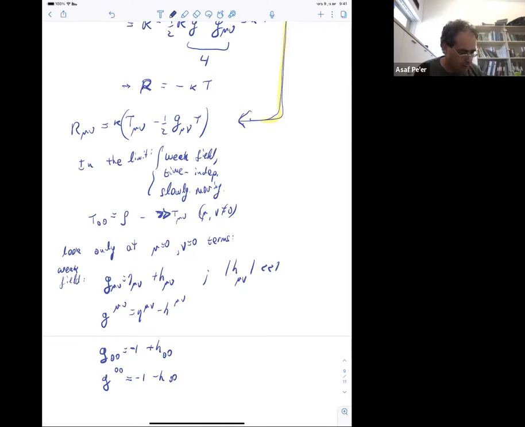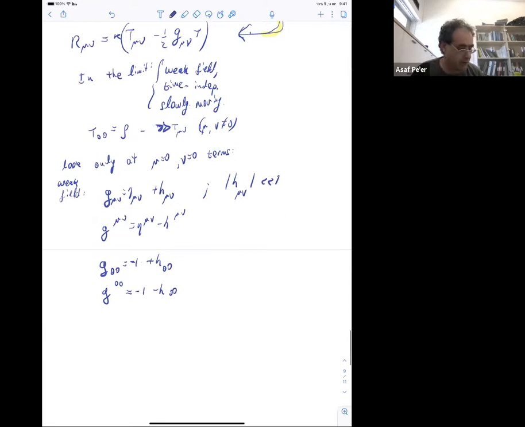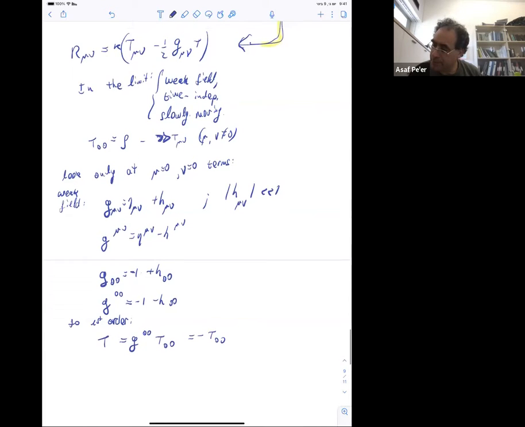Okay. So the trace of the energy momentum tensor T is T00, going to be minus T00, first order. And I'm going to put all that in here.